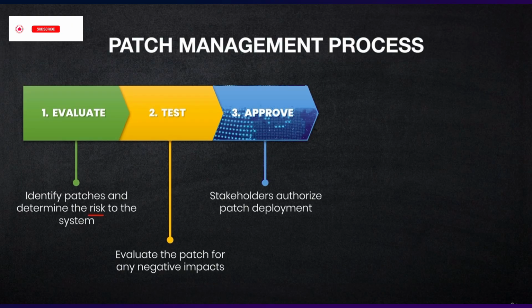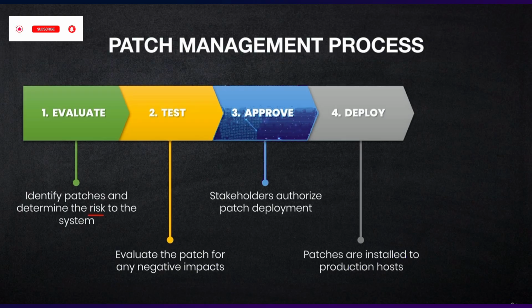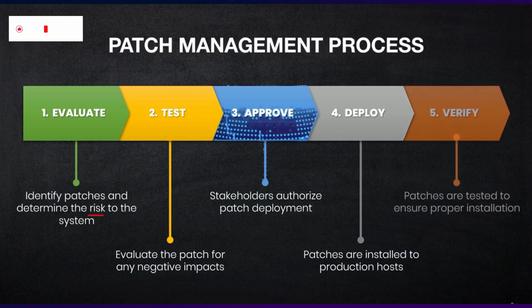In this case, we would roll the patch out, install it on all the production hosts that are necessary, and then once that's done, we want to verify that everything has been installed, it's working properly, and we also want to verify that nothing has regressed in terms of security. And we want to move through this process as effectively or efficiently as possible. So this needs to be laid out as part of the configuration management plan.